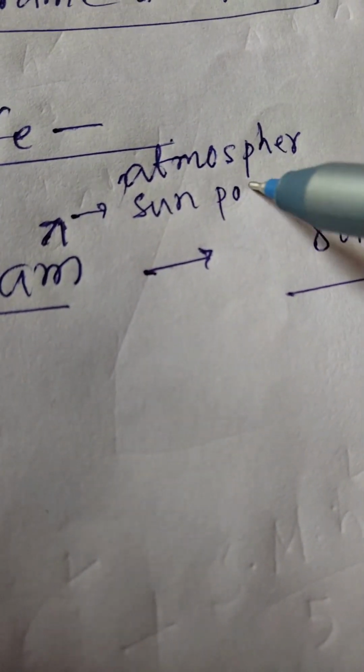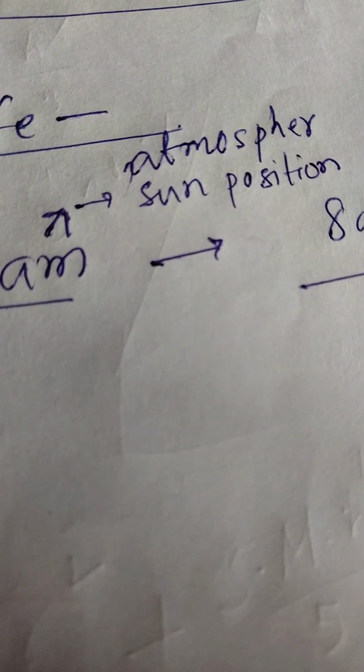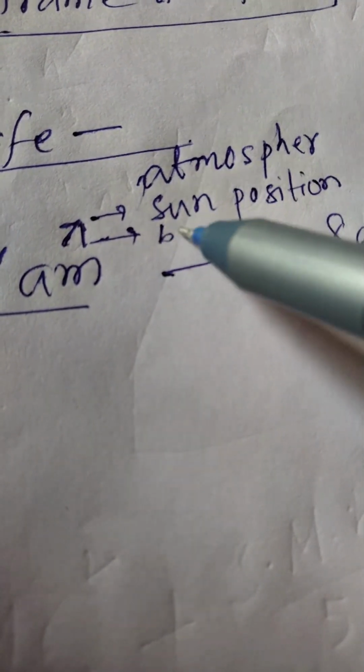Now if you are a regular one who wakes up at 6 a.m., you see the atmosphere, you see the sun's position from your window, the height of the sun from the horizon, and you can hear bird noise.